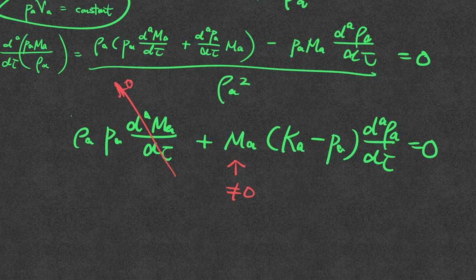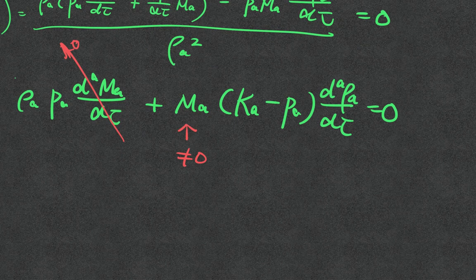It could be equal to 0, but it could also not be equal to 0. Okay, so now if this term is also not equal to 0, then what would equal 0?